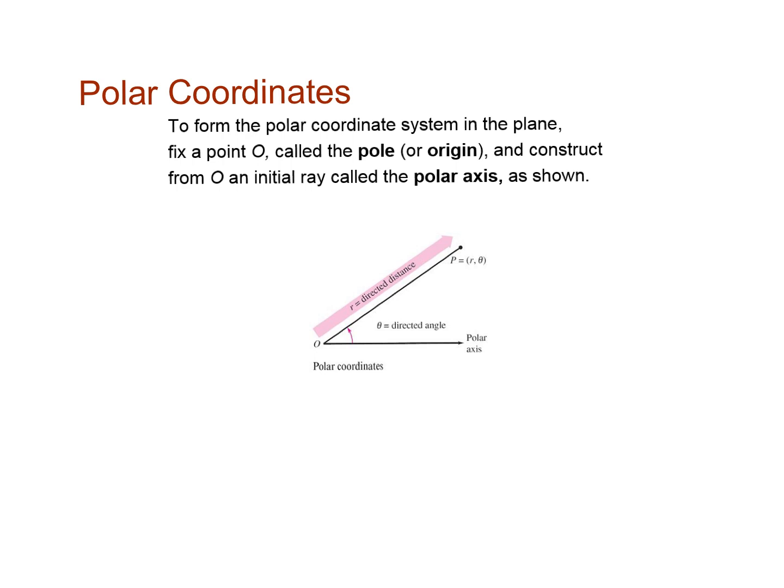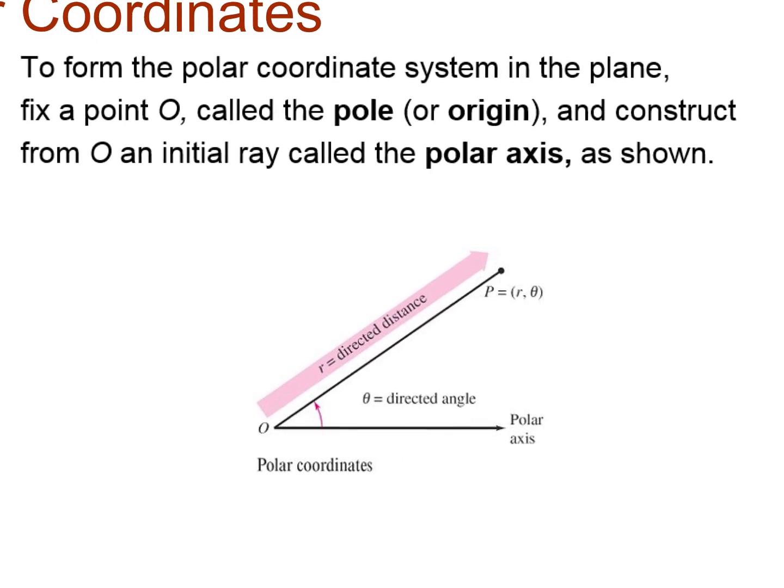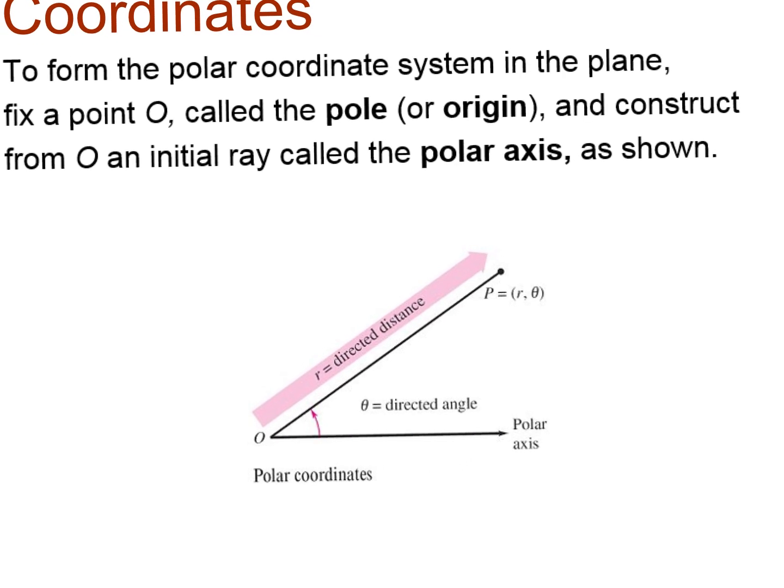So it's a little bit different looking than our XY coordinate plane, which we call our rectangular form. This is more circular. So first of all, how do you even say a point in polar? Well, it's based on a direction from the pole and then an angle from the pole.